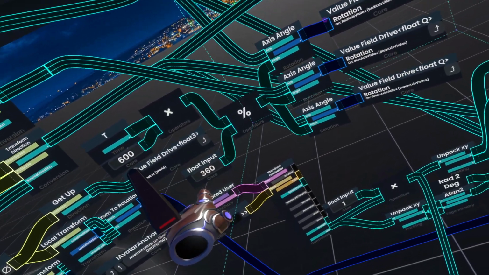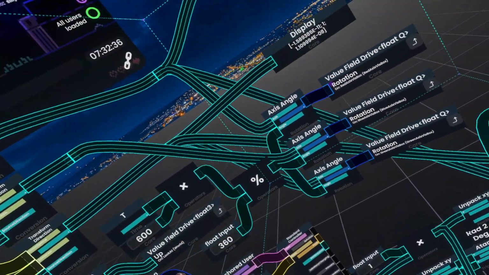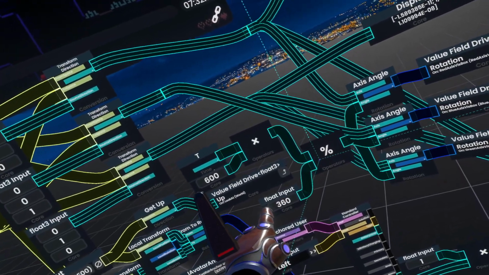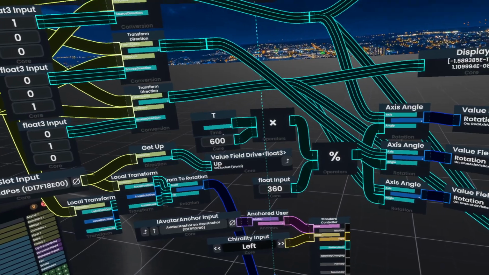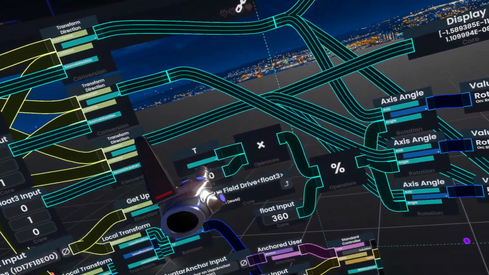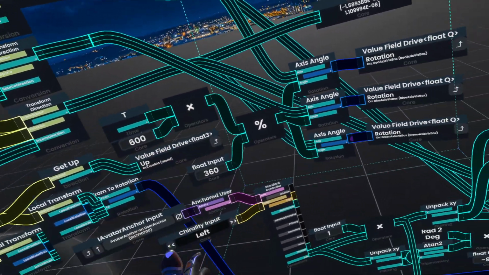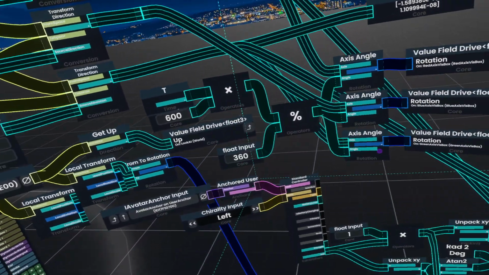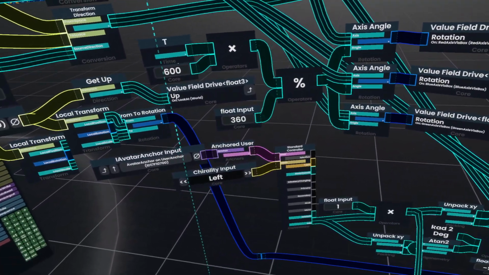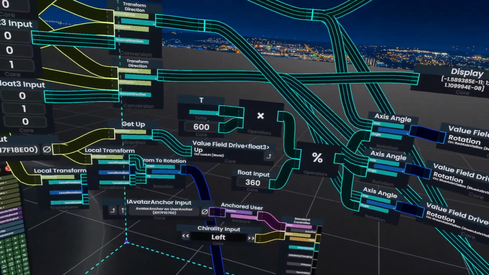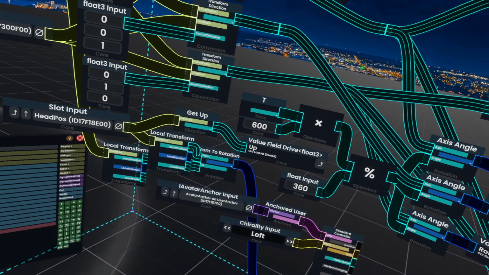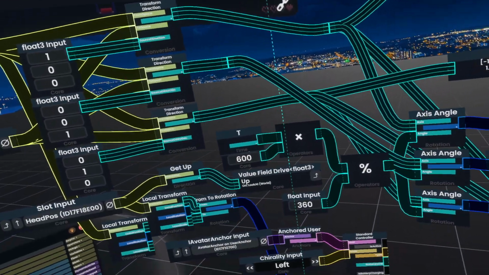I'm not sure if it's used much other than in software engineering, but basically we divide something and take the remainder of it. So this will just clamp whatever value comes out of here in between 0 and 360.